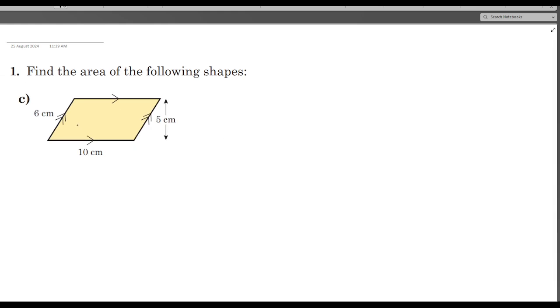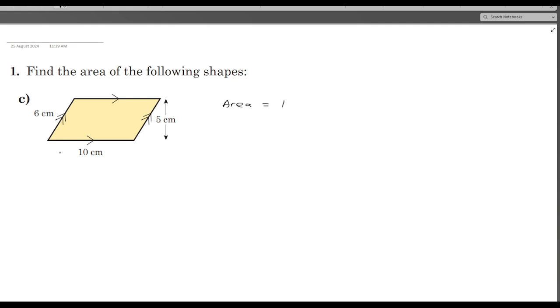Now next, here we have a parallelogram. We have to find the area. Now for a parallelogram, your area is base into height. Base here is 10 centimeter and height is 5 centimeter.